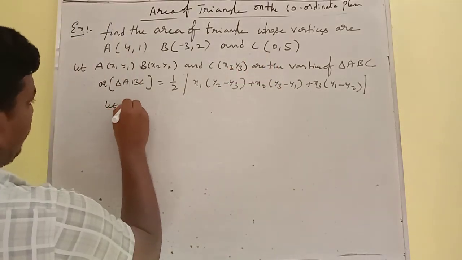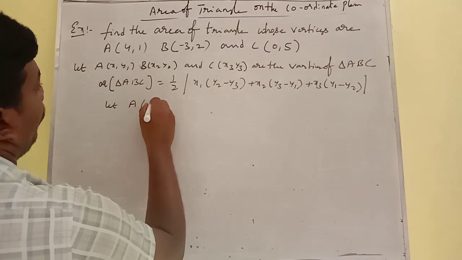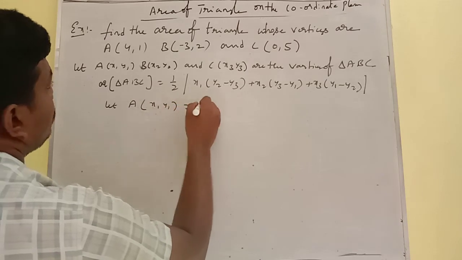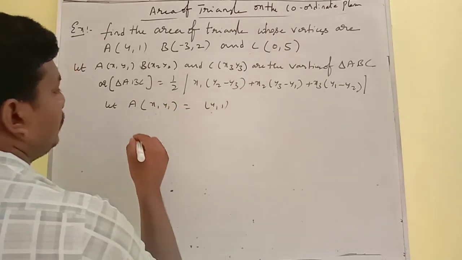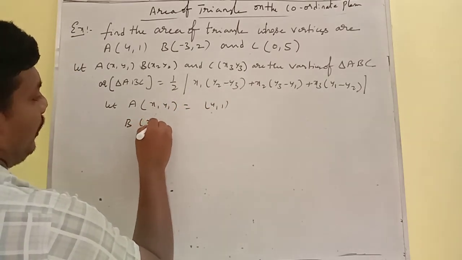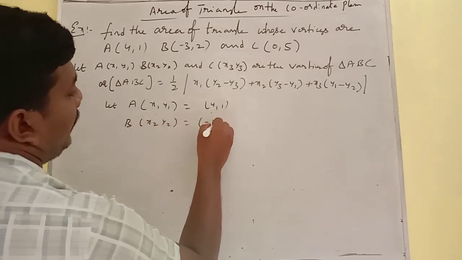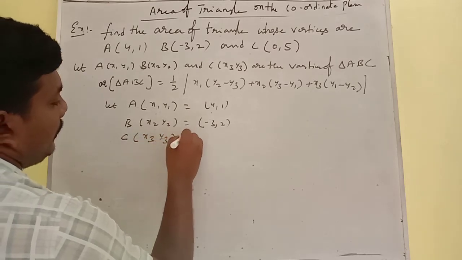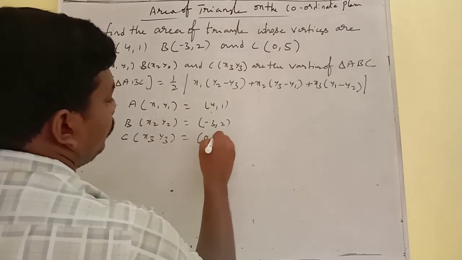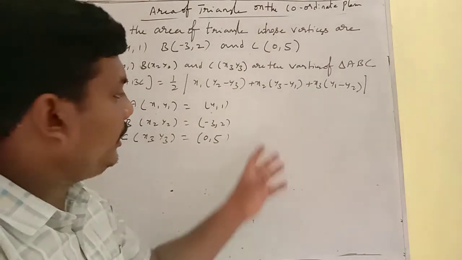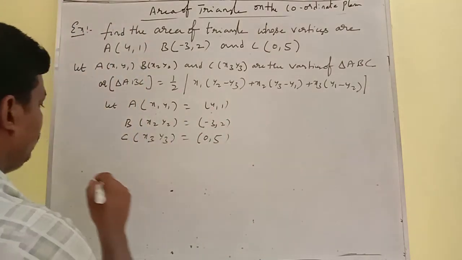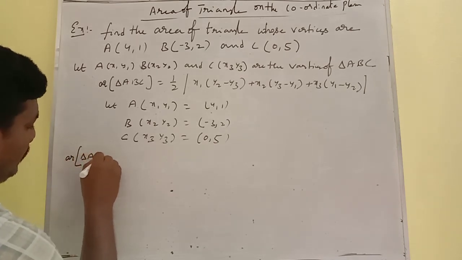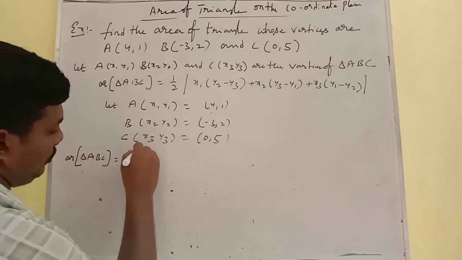Let A(x1, y1) equal 4, 1, B(x2, y2) equal minus 3, 2, and C(x3, y3) equal 0, 5. These are the three points. Now the area of triangle ABC is half into modulus.